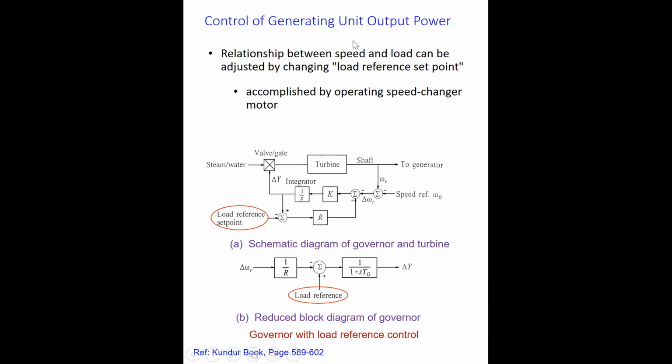So we want to formulate a relationship between the speed and the power, and thus the load, and thereby we want to regulate the output power of the generator based on the power set point. So that is how we should decide what should be the output power from a generator. So we want to say it as a load reference set point here.